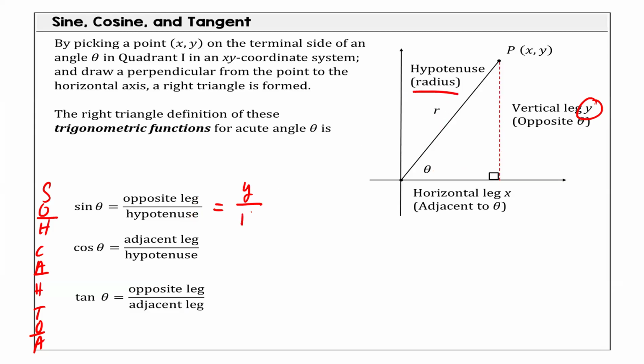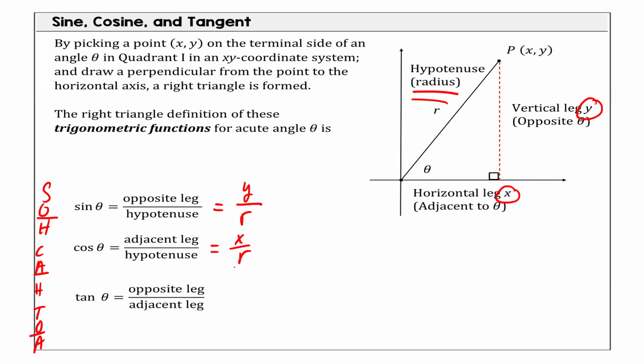So it becomes y over r. Do we see that? Okay, your cosine is normally your adjacent leg over your hypotenuse. In terms of a coordinate plane, your adjacent leg represents your horizontal leg, which is your x, and your hypotenuse is still your radius, r. So this equals x over r.